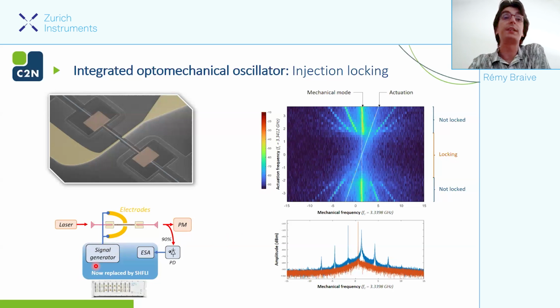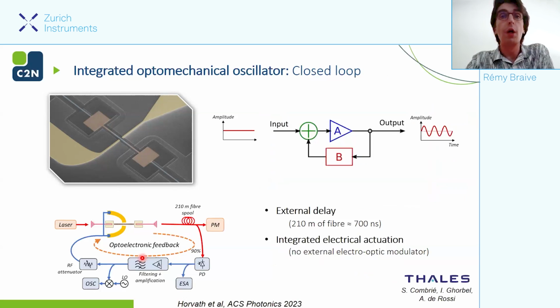Before, at the beginning, we were using two pieces of equipment, the signal generator and the electrical spectrum analyzer. Now we replace these with this SHFLI, so we can do exactly the same measurements with only one piece of equipment. For the feedback loop, we use these electrodes once again, with this 210 meter fiber spool to have a sufficient delay to improve the performance of our system, and some filtering and amplification of the RF signal.